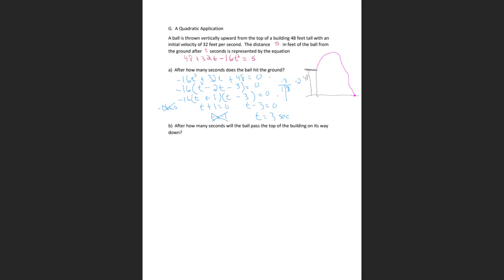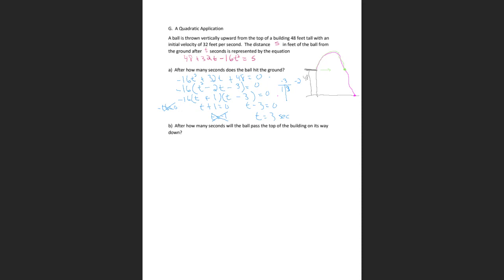So we're looking for when the ball is about here. Notice how, again, the height off the ground is going to be that 48. So we actually do know the height. Height off the ground, we do know what S is, we just don't know what t is. So that's all we have to do is be able to apply that.